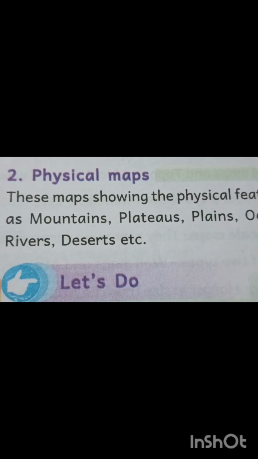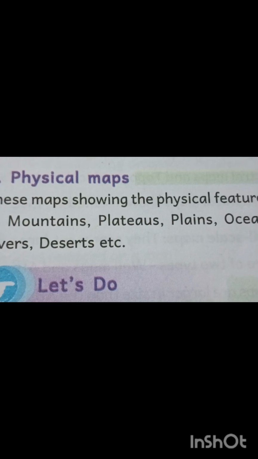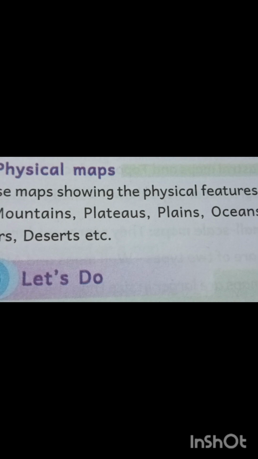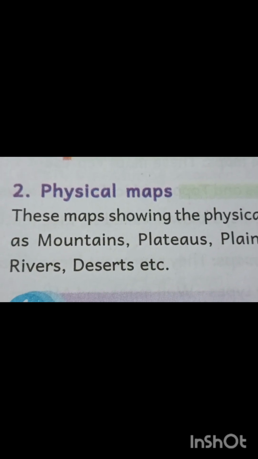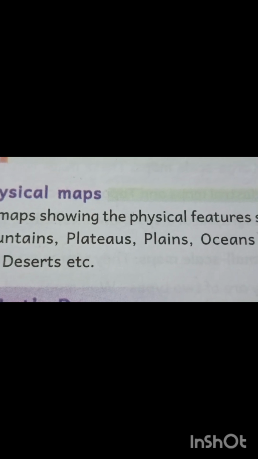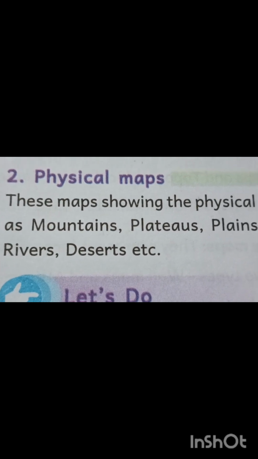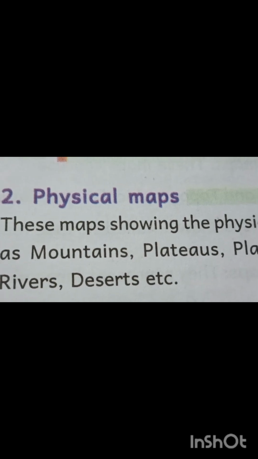If we observe physical maps, these maps show the physical features such as mountains, plateaus, plains, oceans, rivers, deserts, etc. If you observe the map of India, we can see all these things in this map.